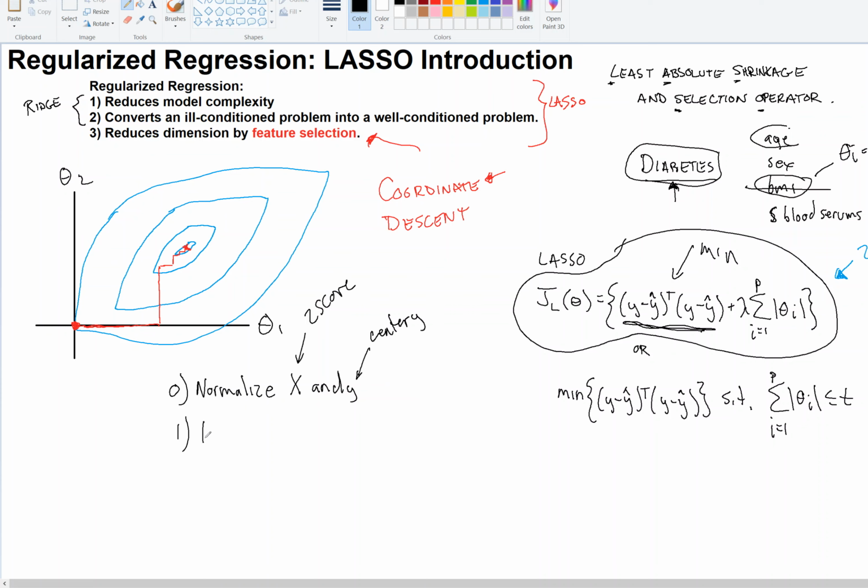We're going to initialize a guess. Sometimes that guess, in two dimensions, is 0, 0. Sometimes the guess is the ordinary least squares solution.